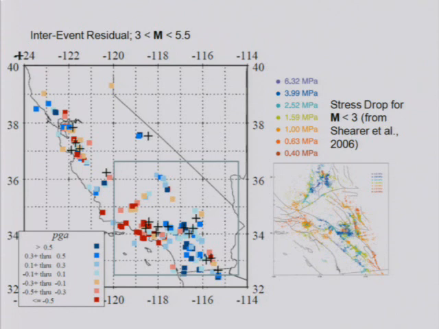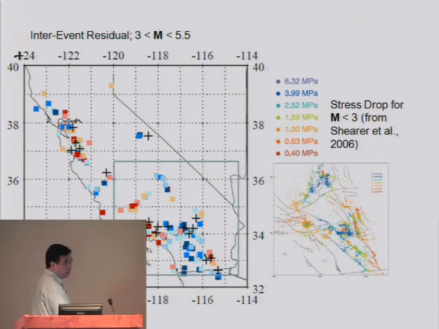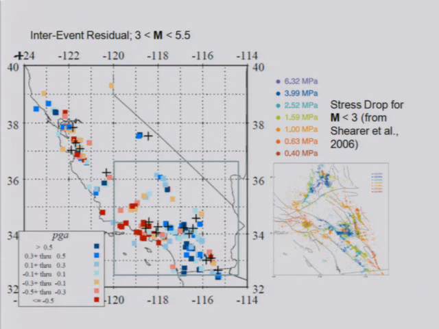As you move to the eastern Transverse Ranges, you see a high inter-event residual that corresponds to large stress drop in Shearer's map. This is quite amazing because these two studies used different sets of data and different methodologies, but they come out with very similar patterns.